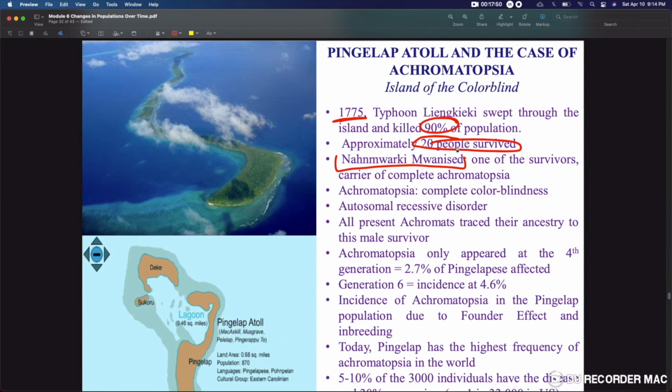And now, in a normal population like ours, achromatopsia is very rare. But in Pingelap Atoll, almost 2.7 or 4.6% of them have achromatopsia or total color blindness.